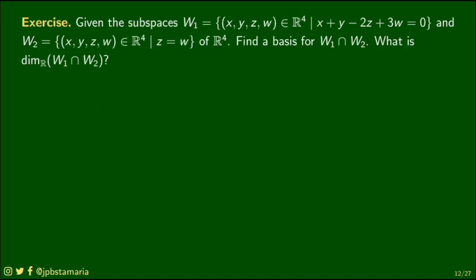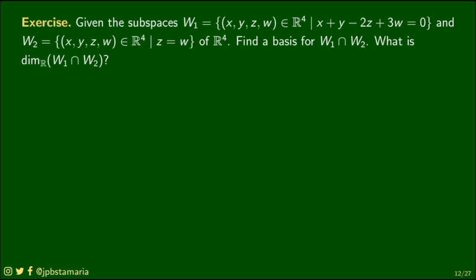Alright, so this is another exercise. Here I have two subspaces of R4. W1 is the set of vectors (x, y, z, w) satisfying the equation x plus y minus 2z plus 3w equals 0.